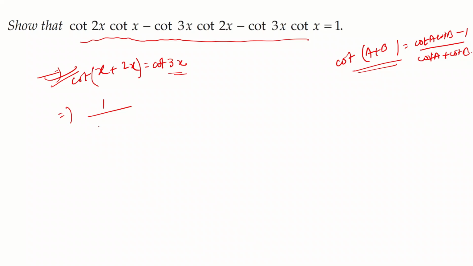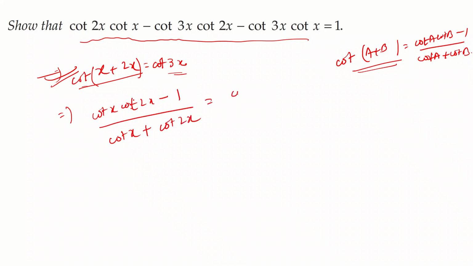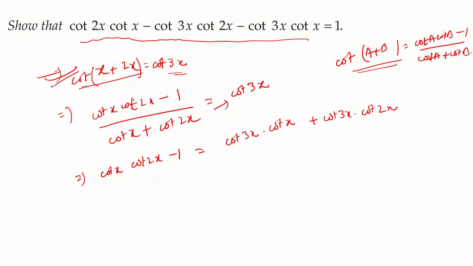Okay, so we straight away apply this formula here itself. What is cot of A plus B? It's cot A cot B minus 1 by cot A plus cot B, and the right hand side remains as it is. Now what we do, we cross multiply. So it is cot x cot 2x minus 1 is equal to cot 3x cot x plus cot 3x cot 2x.